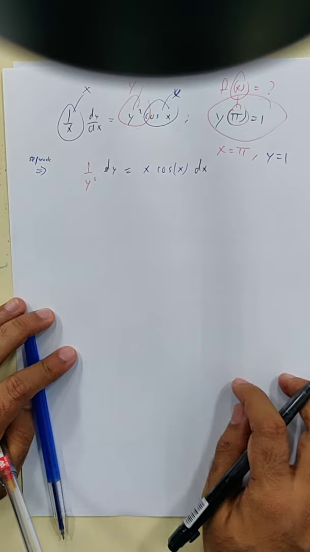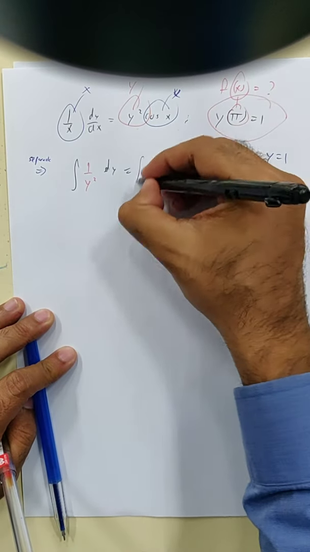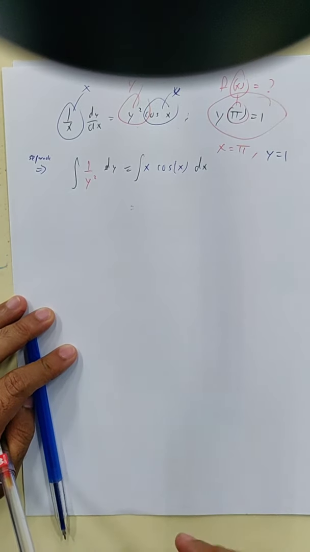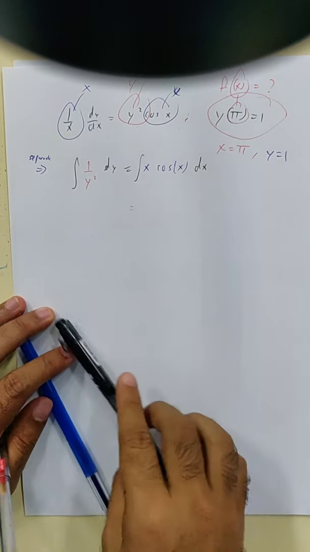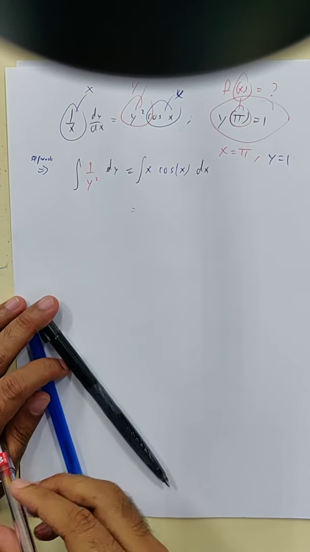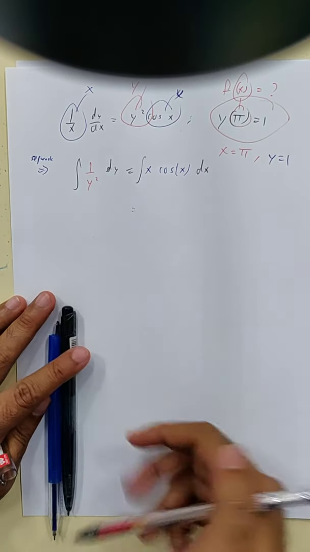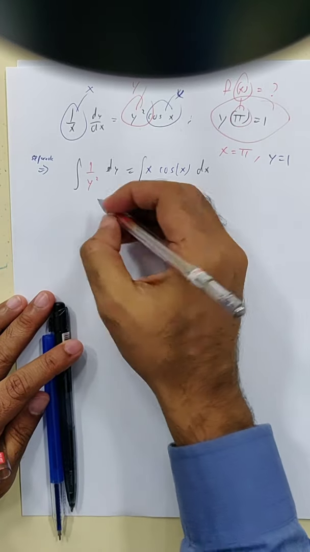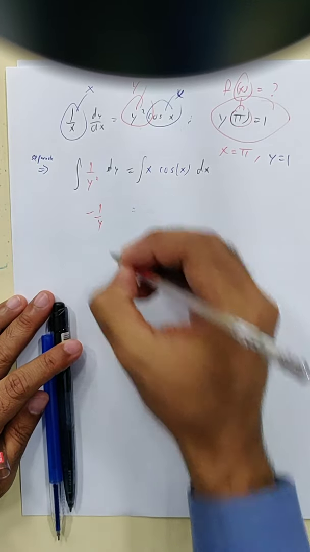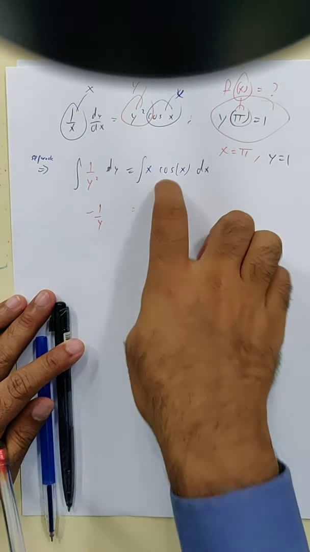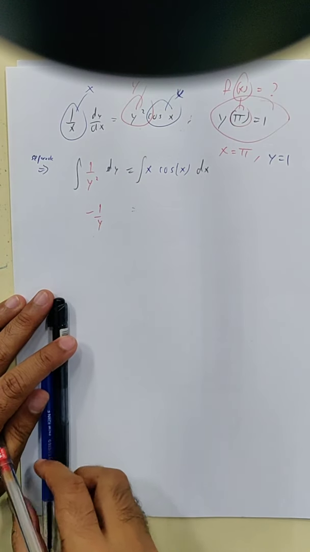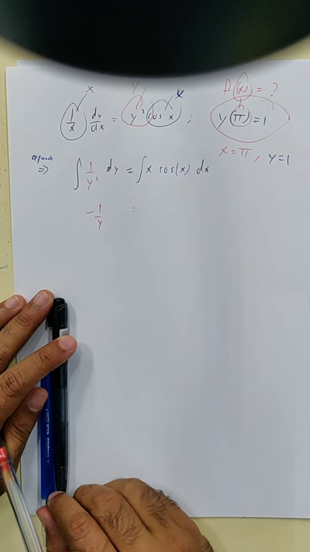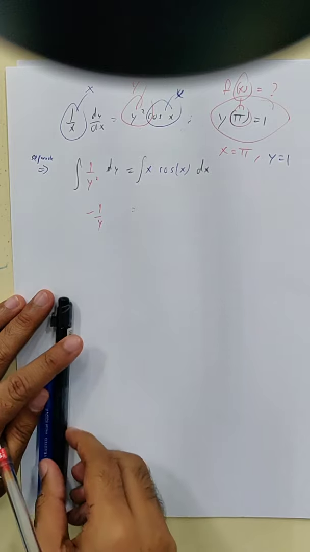What should we do? Integrate. Integrate the left side. We have done something similar just now. Negative 1 over y. The right side, how do we integrate? By parts.